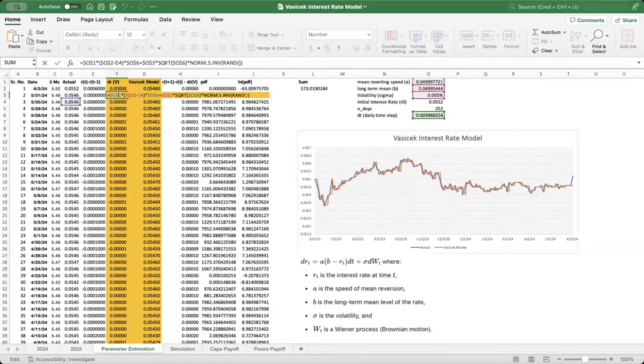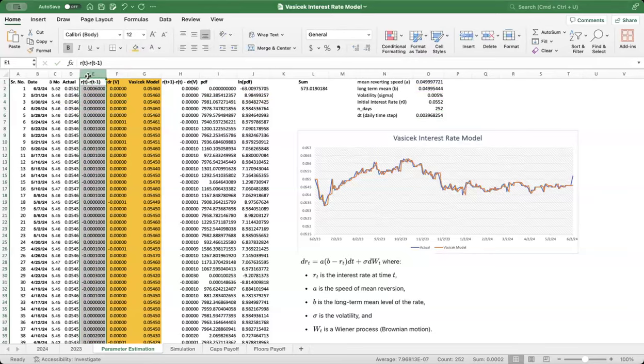Like this, we will calculate the change in interest rates using the model for the last 252 days. We have calculated the actual change in interest rates, and using the Vasicek model, we have calculated the modeled change in interest rates.